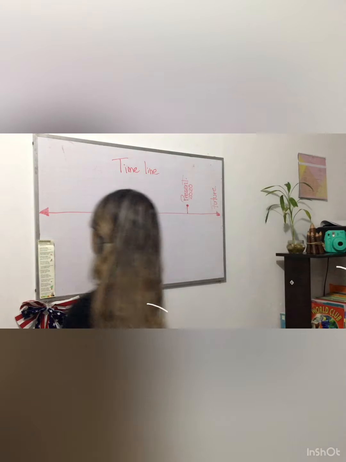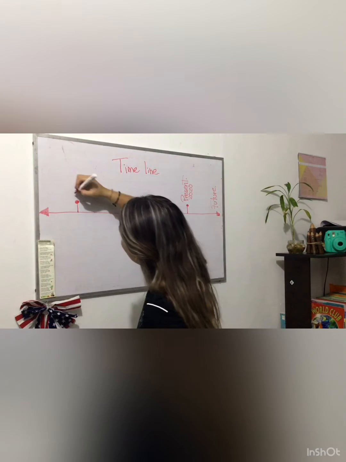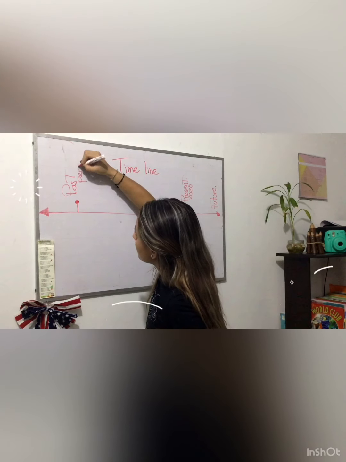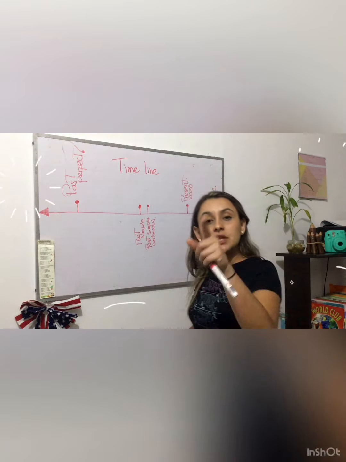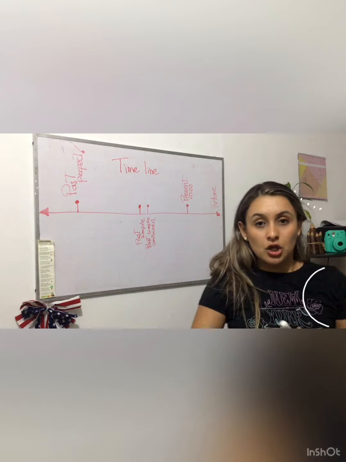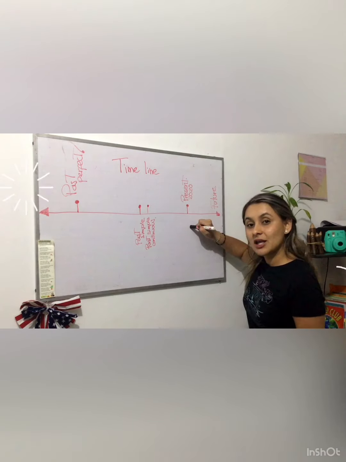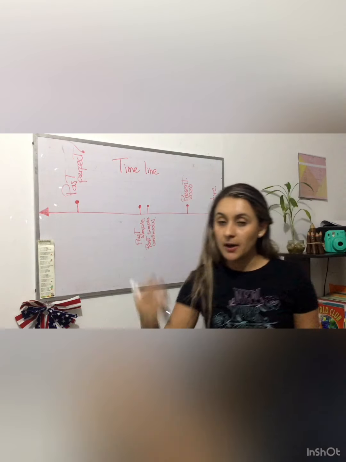So I'm going to check here. And this will be the past perfect. Alright, guys? So you need to have into account two things, okay? You have present and you have different stages in past. Tienes diferentes tiempos en el pasado.